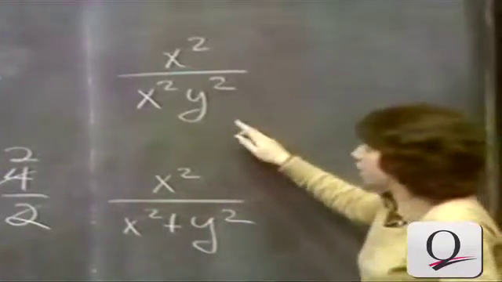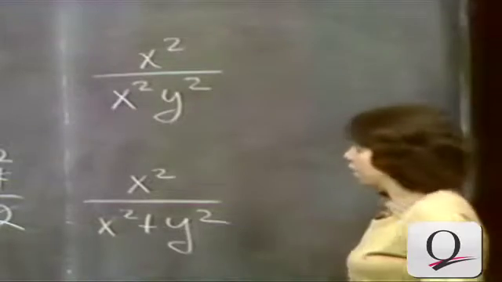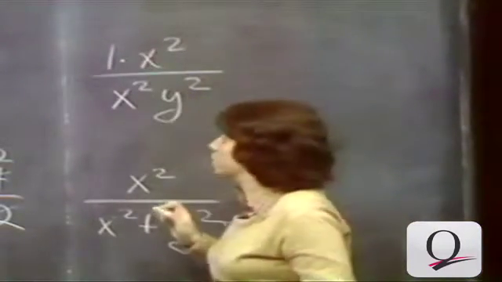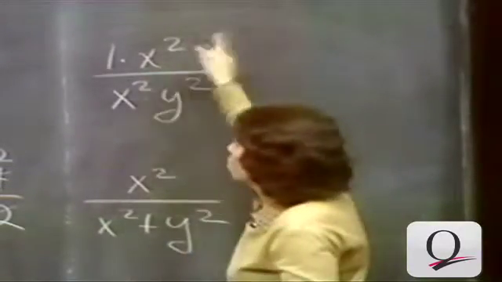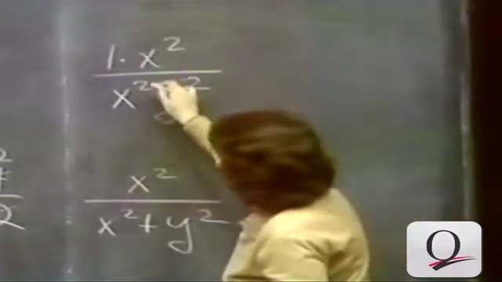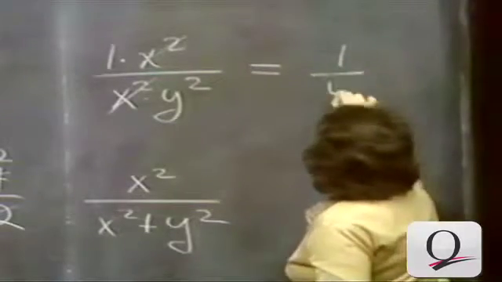In the first example, x squared is a factor in both the numerator and the denominator. If it makes you feel a little bit better, you can think of this as, say, 1 times x squared, and the bottom is x squared times y squared. We can cancel the x squareds, and in doing so, we would get just 1 over y squared.